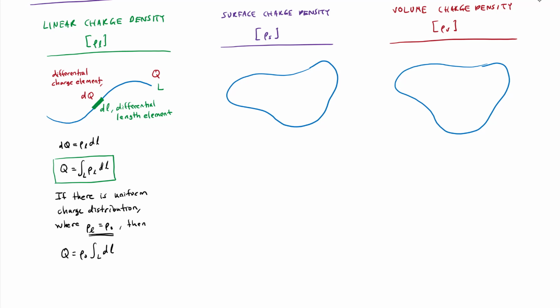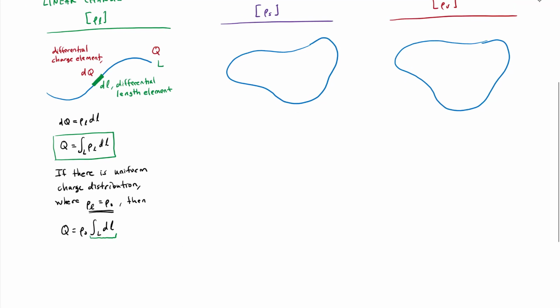And in this case, you can actually simplify this, because when we integrate dl along the entirety of its length, we simply get L, the total length. So then you would have Q is equal to rho naught times L.